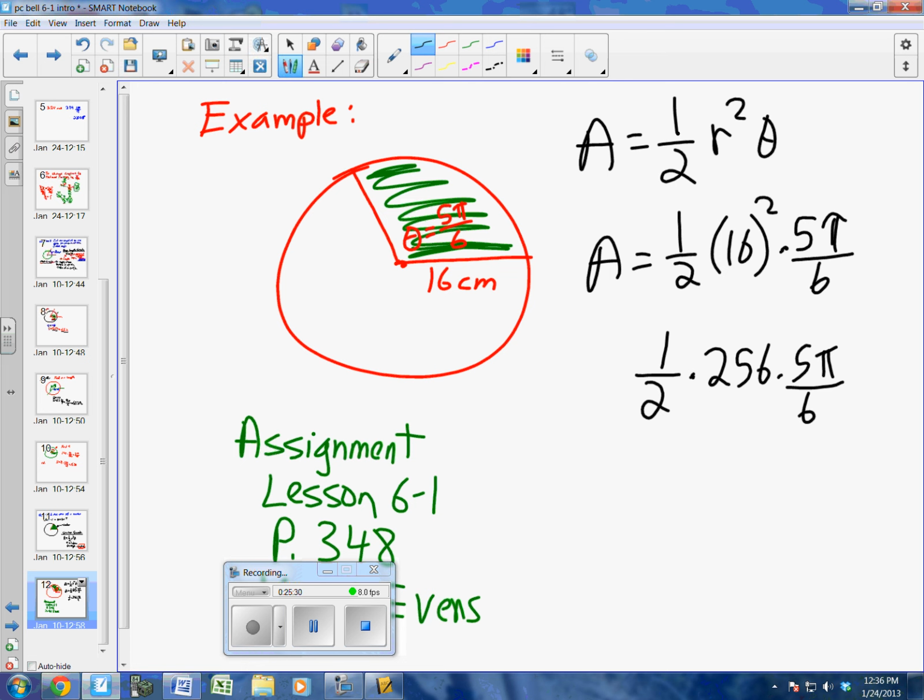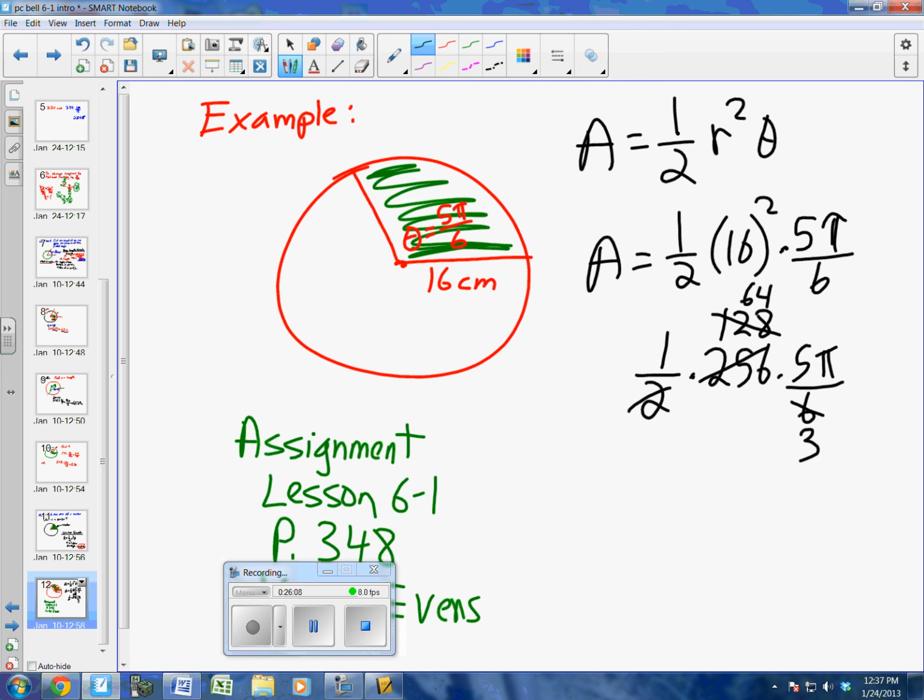Well, 2 times 6 is 12. Well, let's see. I know that 2 will go into 256 how many times? 128 times, right? And I don't believe 6 goes into 128, but 2 will go into both of them, right? 2 will go into 6 3 times. 2 will go into 128 how many times? 64 times?